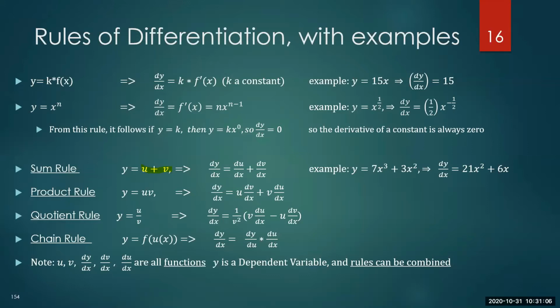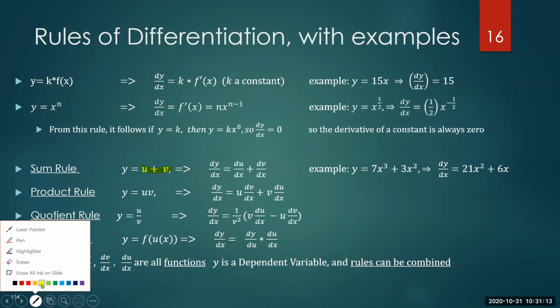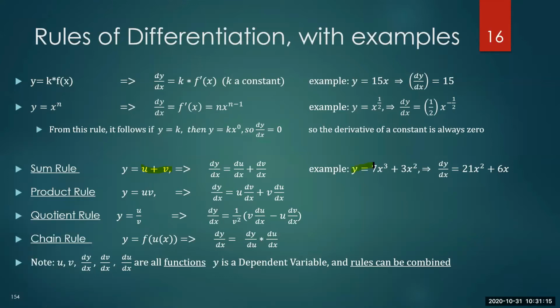And also the other thing to note is that these rules can be combined. So for example, if you look at what I did here, when I said y is equal, I'm using two rules there. The first rule is the one where k is a constant. So here 7 is the constant in the first part.